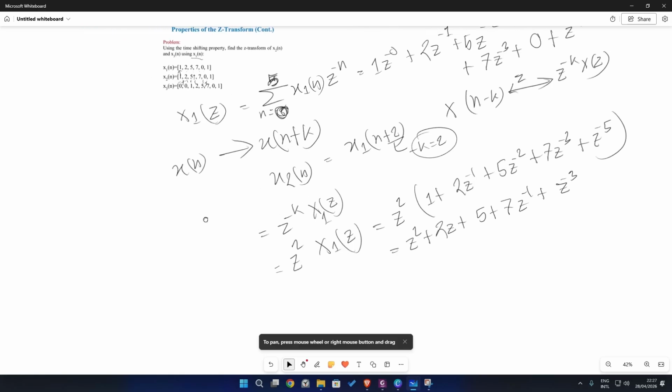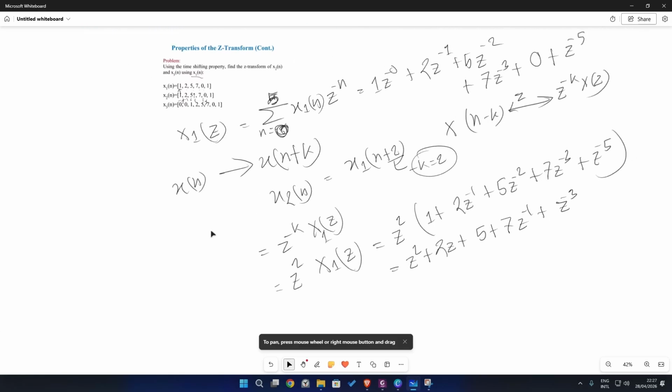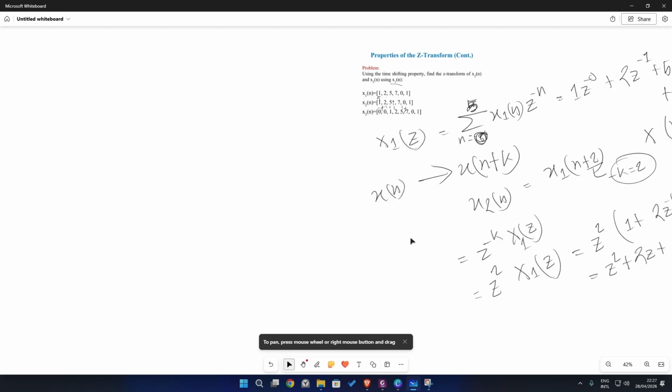To confirm whether the value is right or wrong, we can simply take the z transform of x2[n]. The sequence is 1, 2, 5, 7, 0, 1, where this is n equal to 0, so this will be minus 1, minus 2, 1, 2, 3.